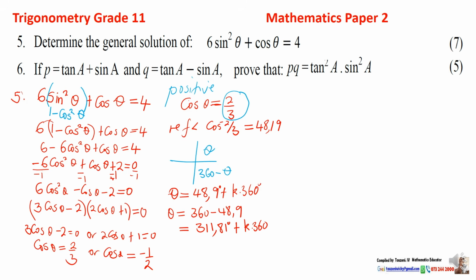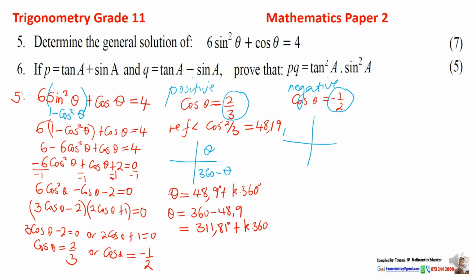Then the next solution comes from the next equation, which is cos theta is equal to minus 1 over 2. Now notice in this case that cos theta is negative. We need the quadrants where cos is negative.